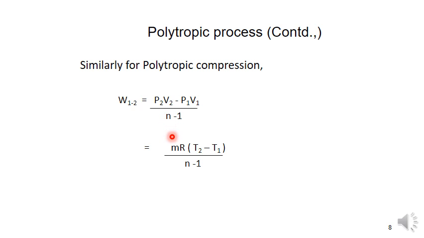So the work done formula is the same for adiabatic and polytropic, only the index is different. So this is the work expression for the work done during the polytropic expansion and compression process, where n is the polytropic index.